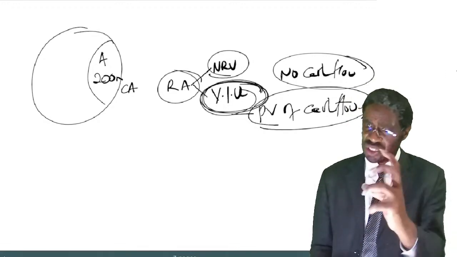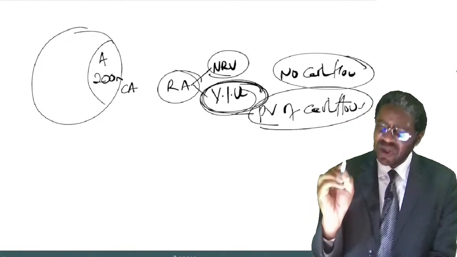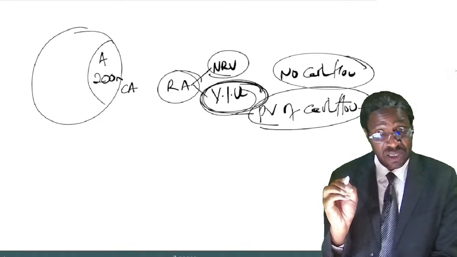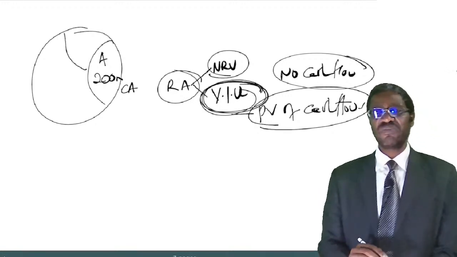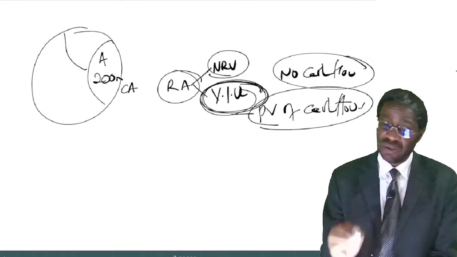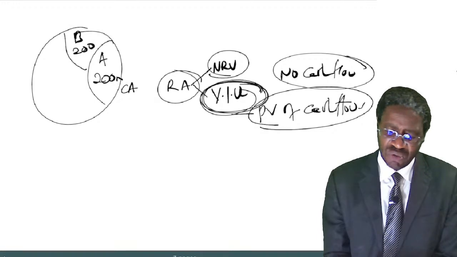You will ask yourself, if I put this asset A in a group with another asset, let me say I group it together with another asset B, which could also have a carrying amount of 200.